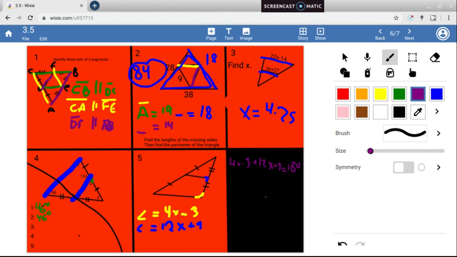Alright, now combine like terms, so we know that 16x and then 3 plus 9, that's 12. So then that adds up to equal 180. And then we do 180 minus 12. That is 168. 16x equals 168.